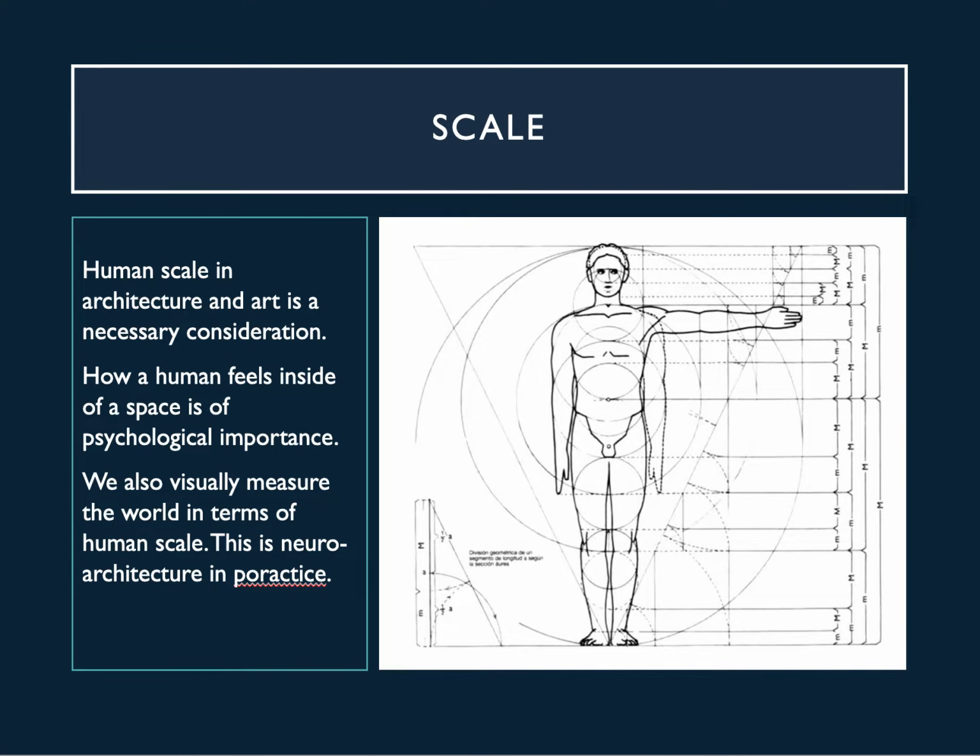So human scale in architecture and art is a necessary consideration because how we feel, as I mentioned earlier, inside of a space is very important. There's something actually called neuroarchitecture, and it has to do with how our brain perceives architecture.